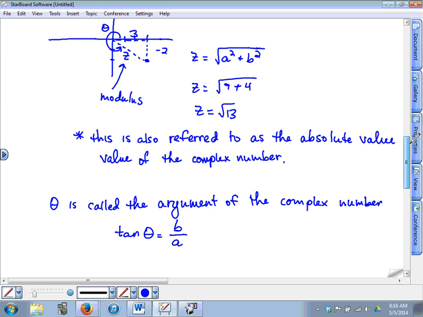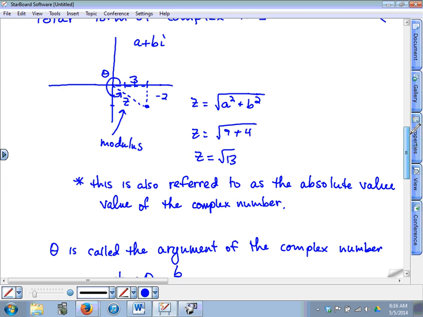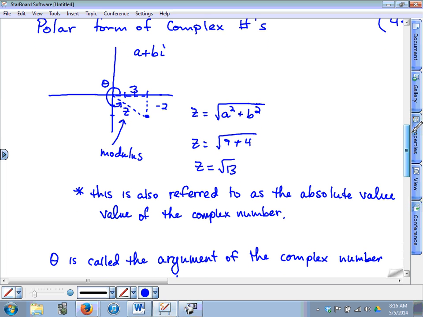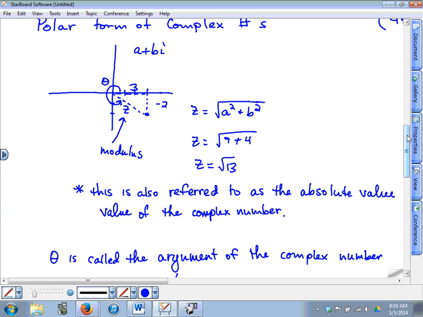Oh no. Go back up a second. Go back up to this picture here. Polar form of complex numbers. Oh god. Alright. Get out your correction fluid.